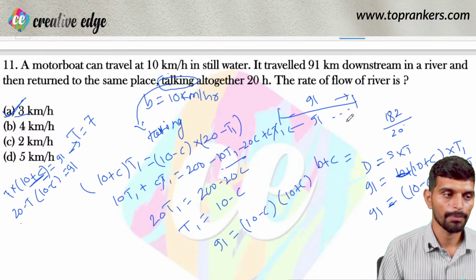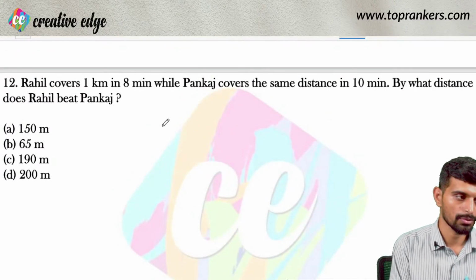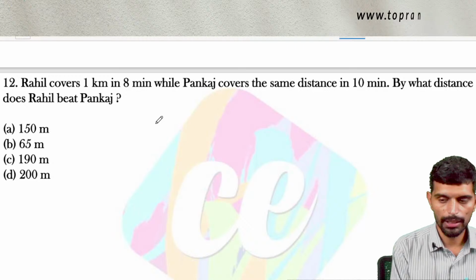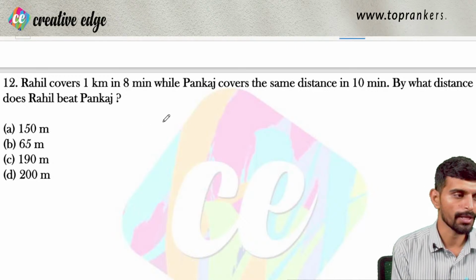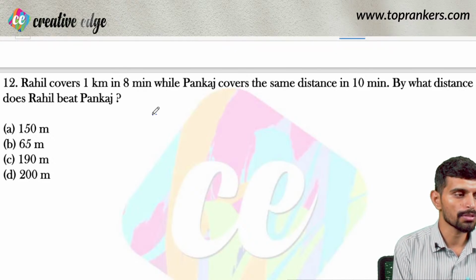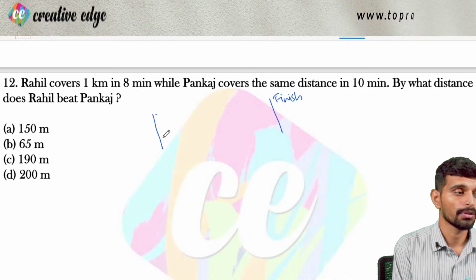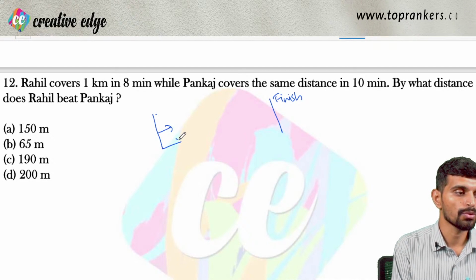Let's cover up the last variety, that is races. Though this has not been asked in NATA, they may ask for a surprise. So Rahil, when we talk about race, there is a start line, there is a finish line, and at least two competitors are there, right?